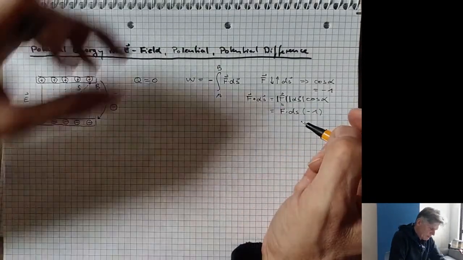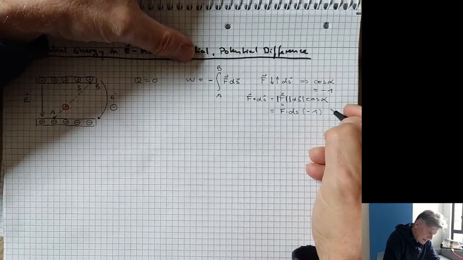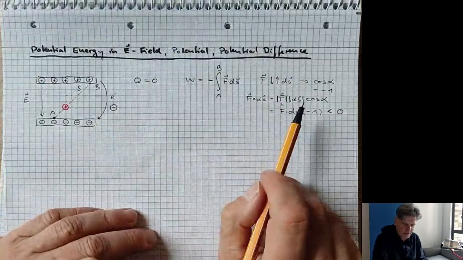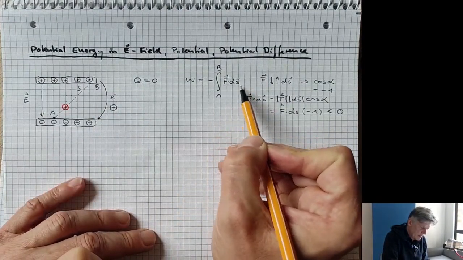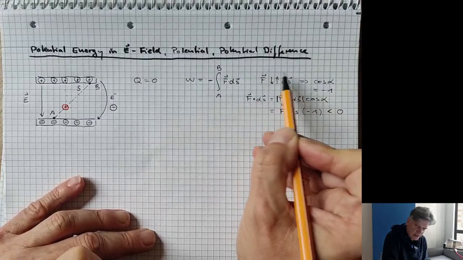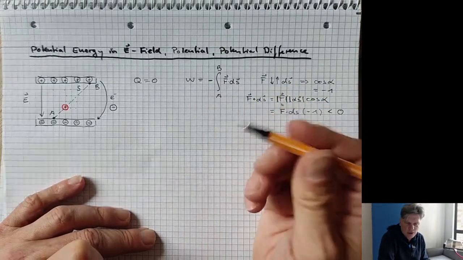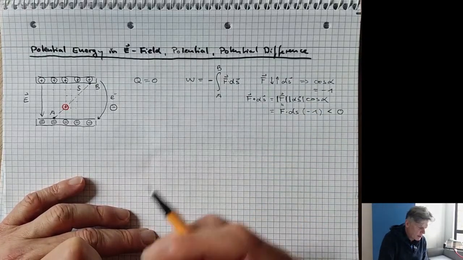So that means in this particular case, you see that this product would be less than 0. It's a scalar product, which means the result in the end is a scalar. So this product here, for this particular case, would be negative. With this negative, it would be positive. And that's according to our convention, which means we are doing work on the system.